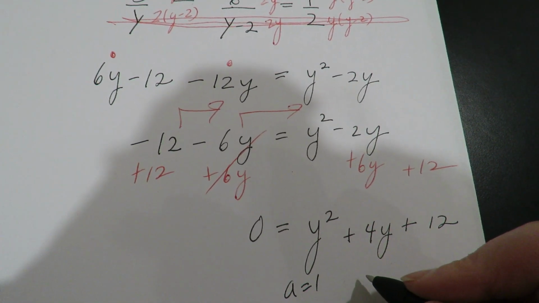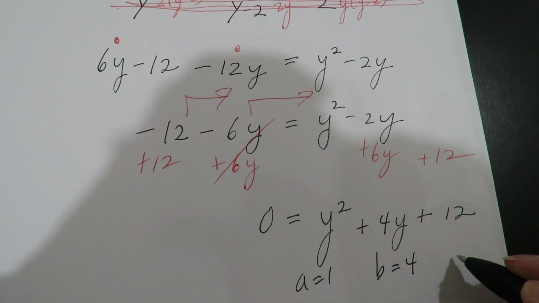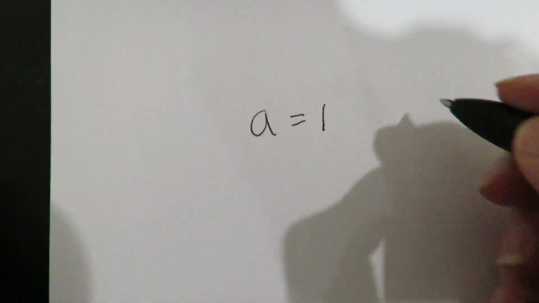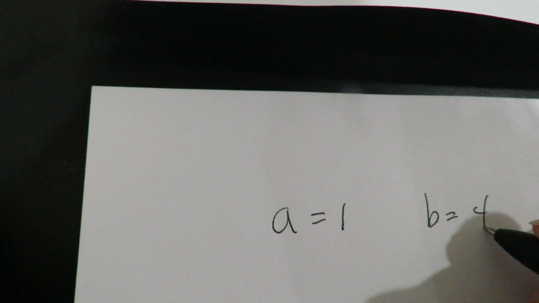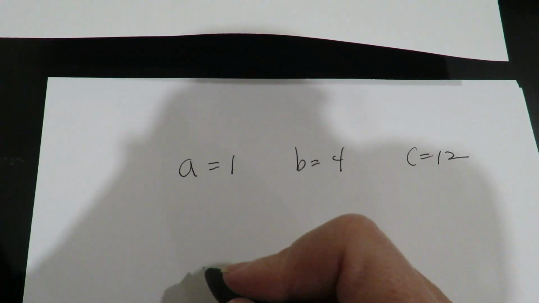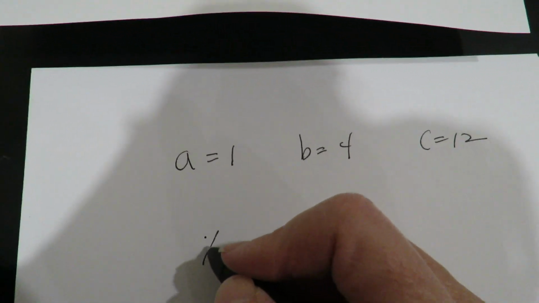My A is a 1, my B is a 4, my C is a 12. And I'm going to stick those numbers into the quadratic formula. Let me just say that again. My A is a 1, my B is a 4, my C is a 12. And it's a y in this case.